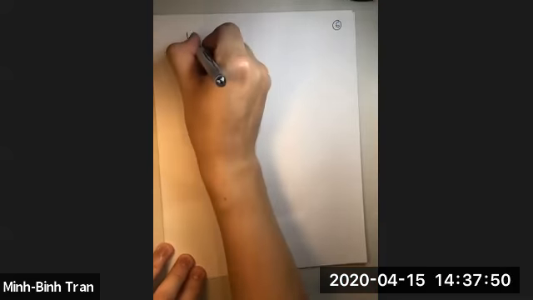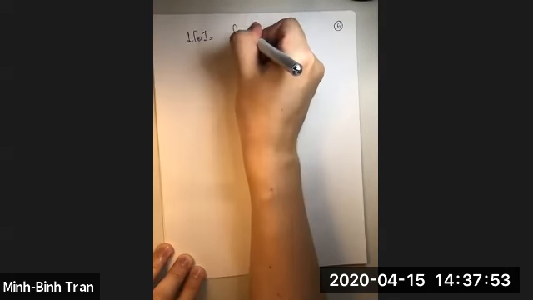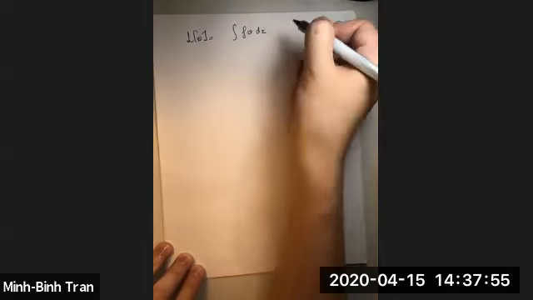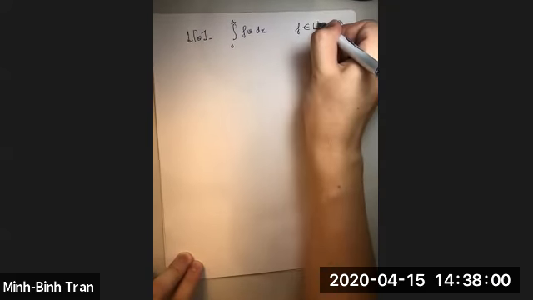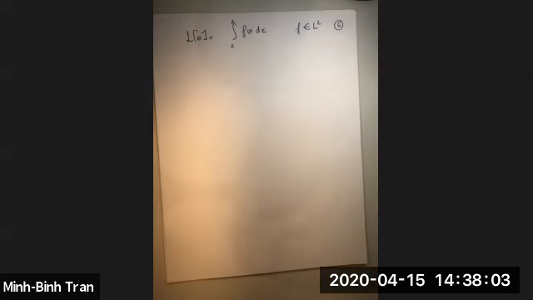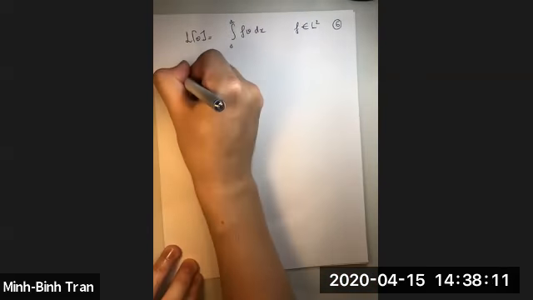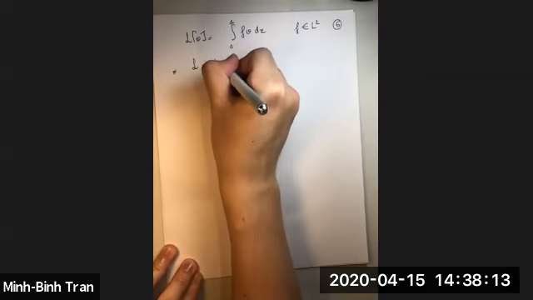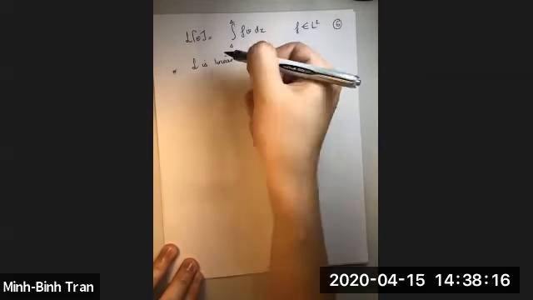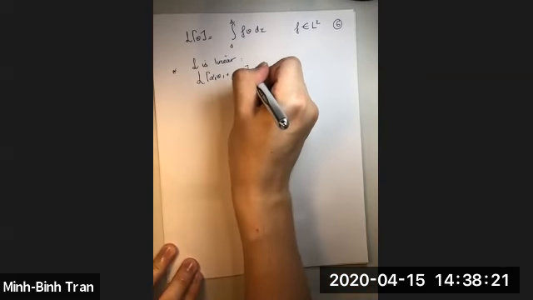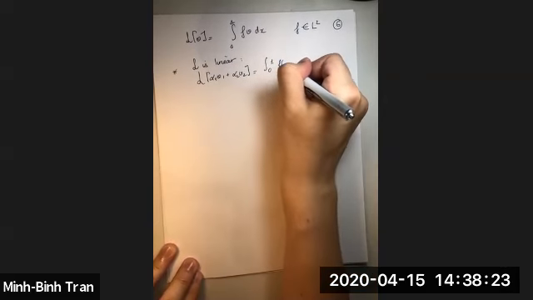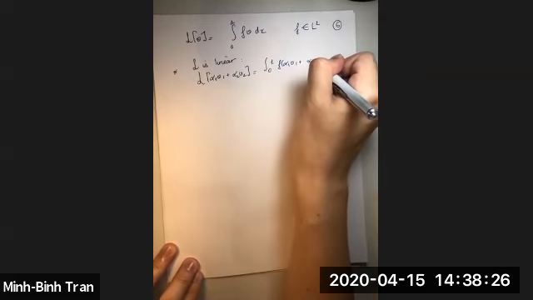So this L of V will be the integral from 0 to 1 of f V, and suppose that f is in L2. So f is the initial given function, and I suppose that f is in L2. So definitely L is linear, which means that L of alpha 1 V1 plus alpha 2 V2 is the integral from 0 to 1 of f times alpha 1 V1 plus alpha 2 V2.